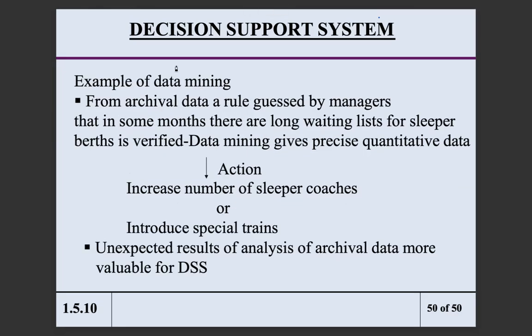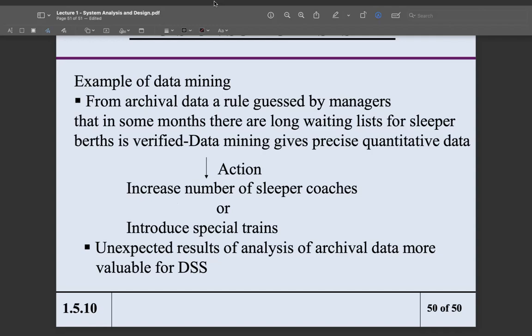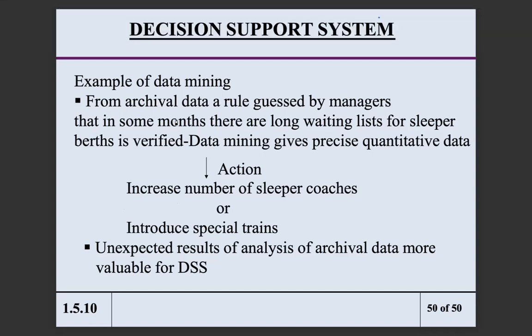If we consider an example of data mining from archival data, a rule guessed by the managers is that in some months there are long waiting lists for sleeper berths. This is verified, as data mining gives precise quantitative data.